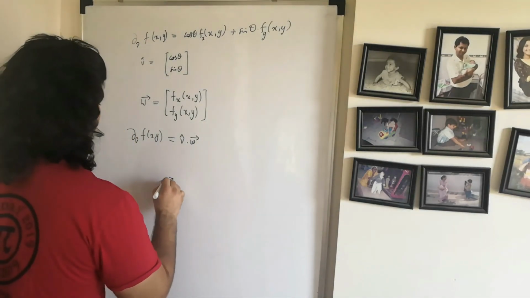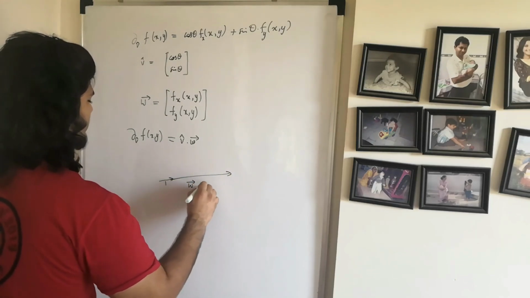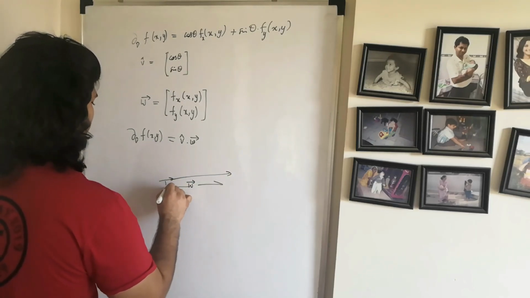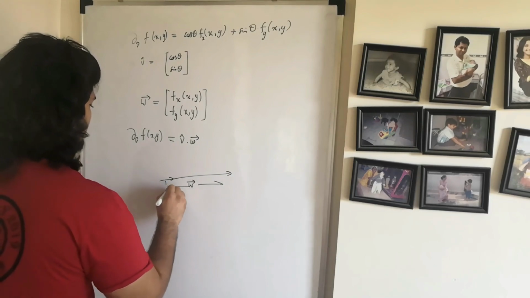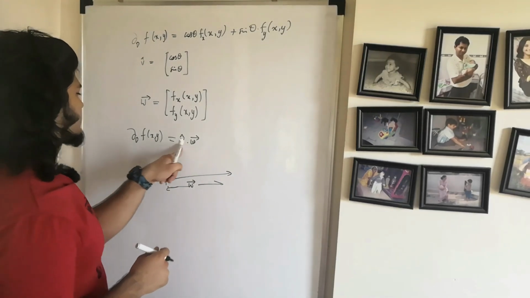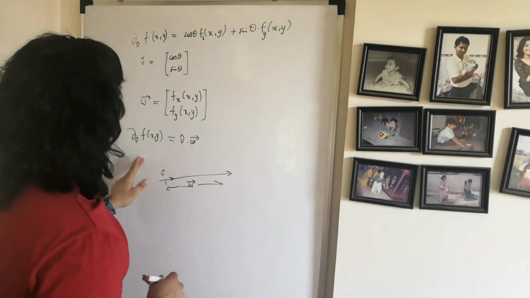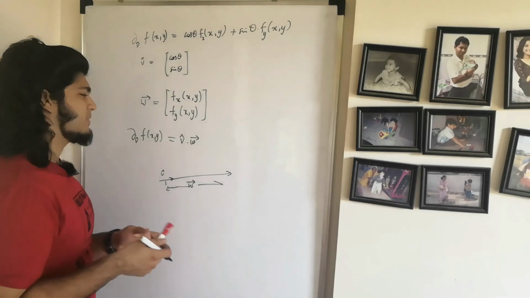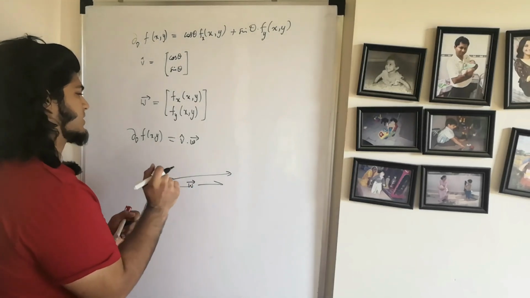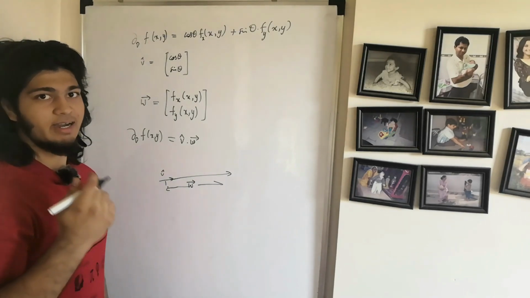So v hat looks something like this with magnitude 1, and let's say w vector is much longer and it looks something like this, and this is v hat. So when this happens, this dot product is maximized. And what do we mean by saying that this dot product is maximized? Well, that means that the directional derivative is maximized. And what does that mean?